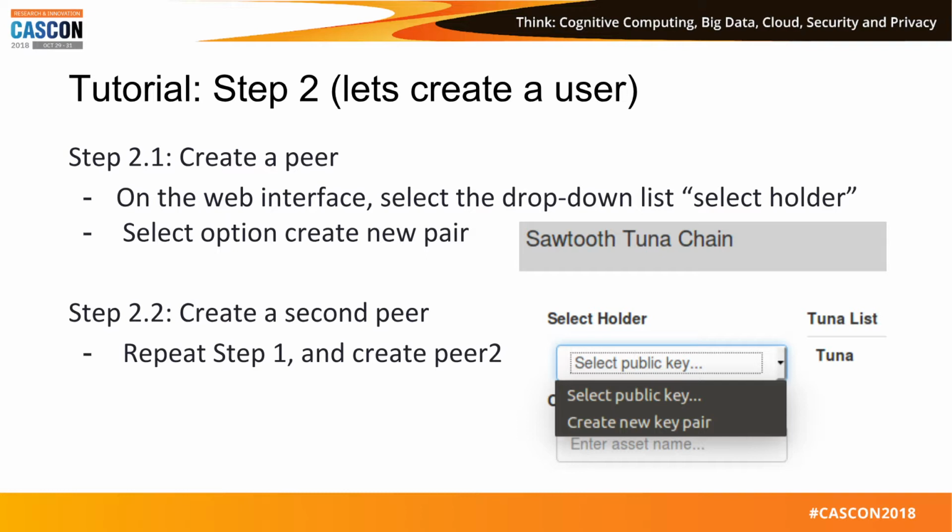For this tutorial, we're going to use just two, our first and second user. So go to the holder section, to the select holder drop down, and select create new pair. Just click and then do it again to create two pairs. That's all we need for now.